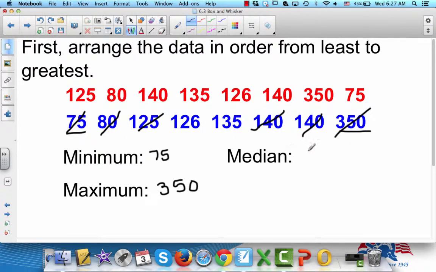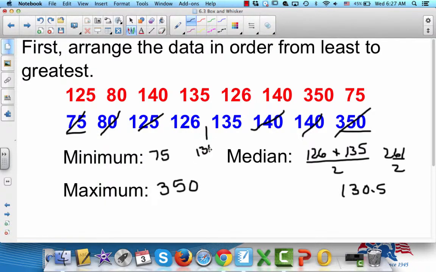That leaves us with 126 and 135 as our middle numbers. Added together, that gives us 261, divided by 2, or 130.5. So 130.5 is our median, or quartile number 2. Okay?